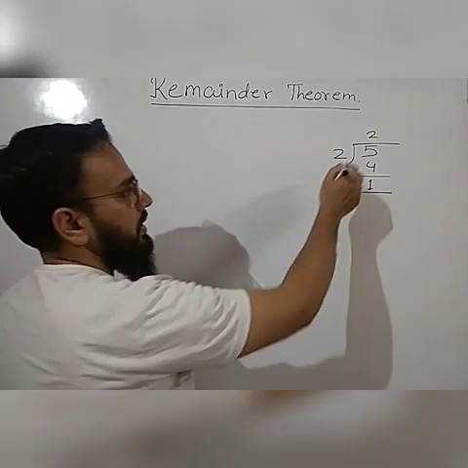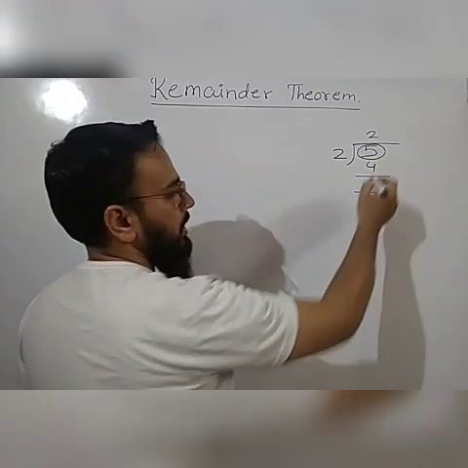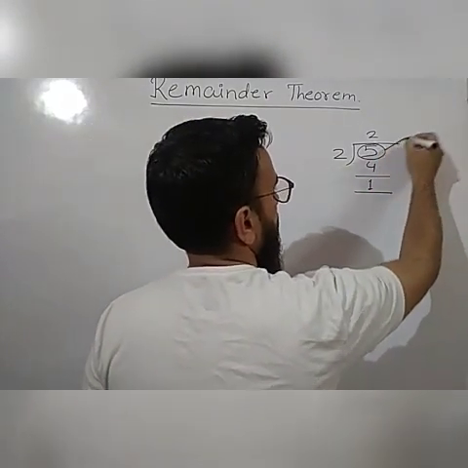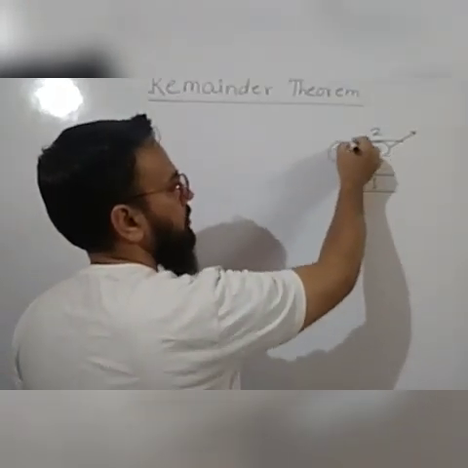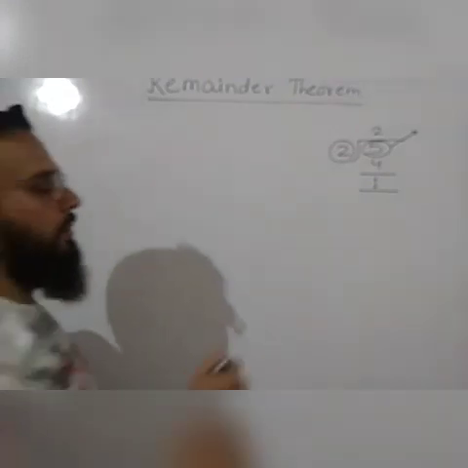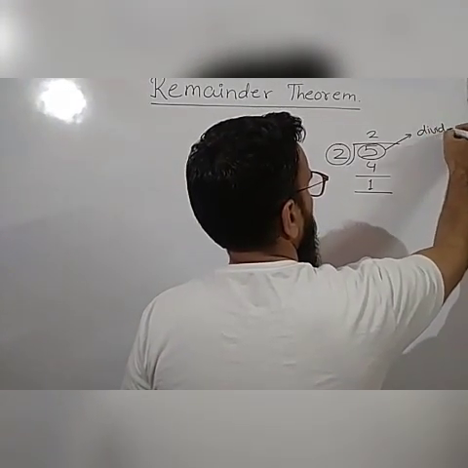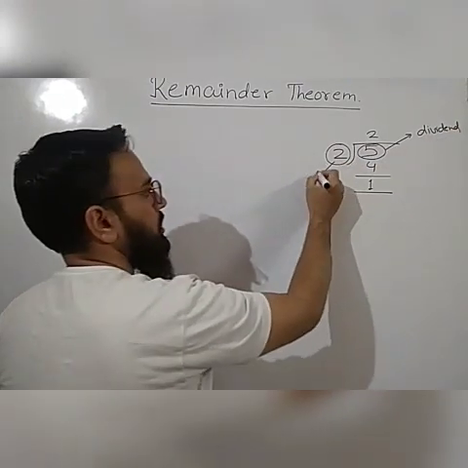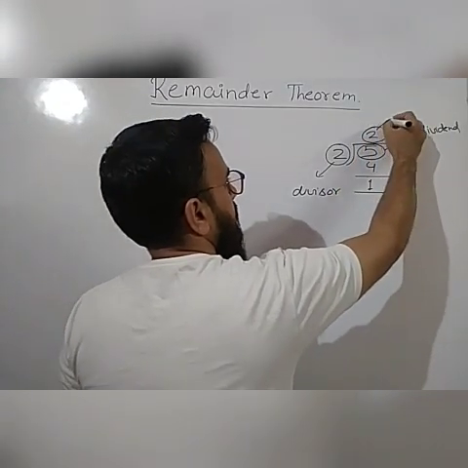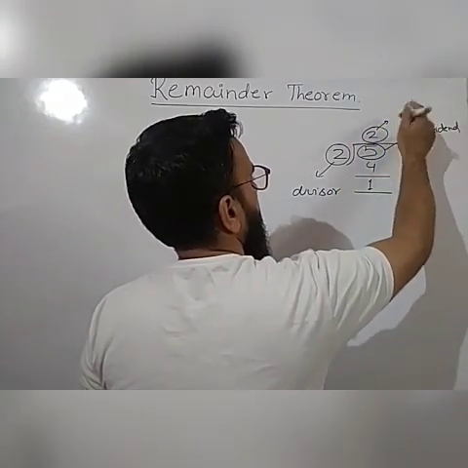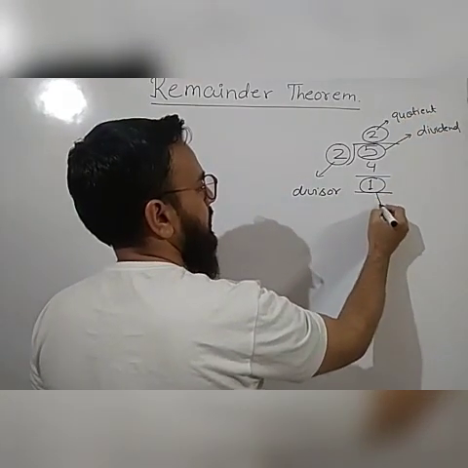In any division, the number which is divided is known as the dividend, so this 5 is the dividend, this 2 is the divisor, this 2 is the quotient, and the remaining 1 is known as the remainder.